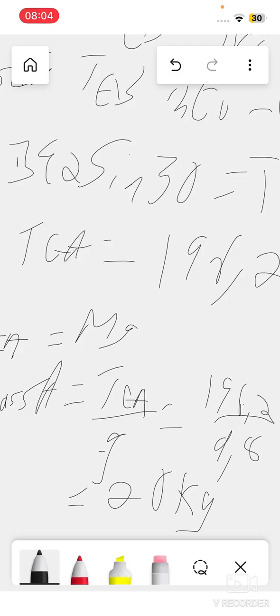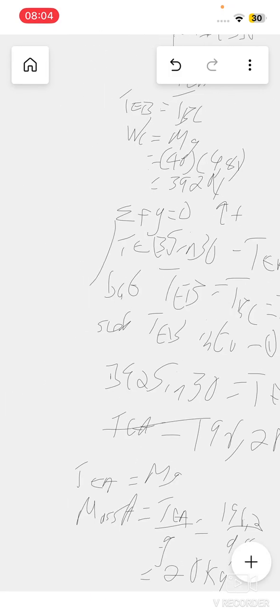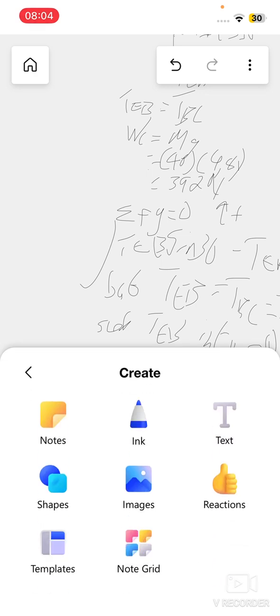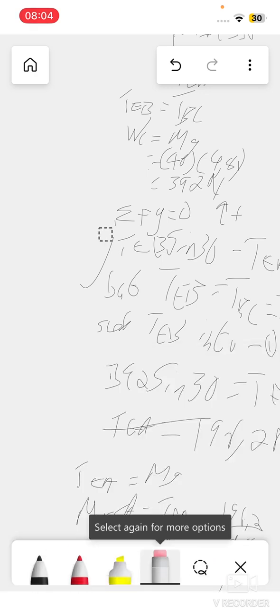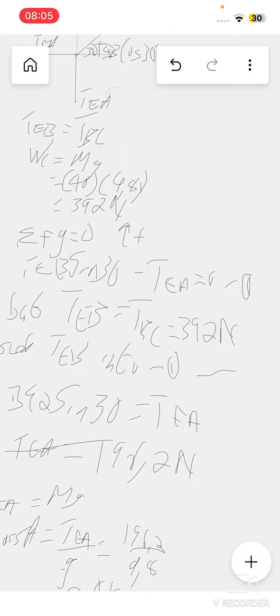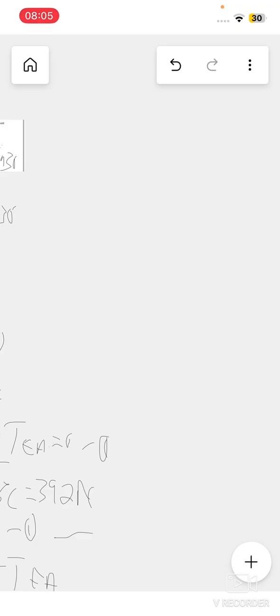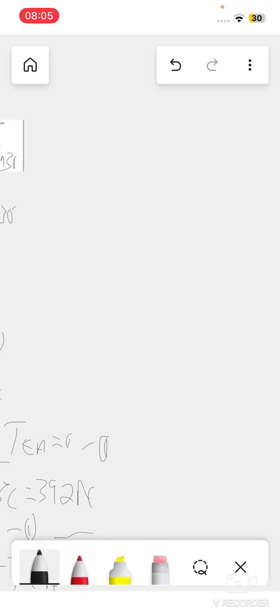If you are given that you should draw the free body diagram for body C, let's just draw it fast.